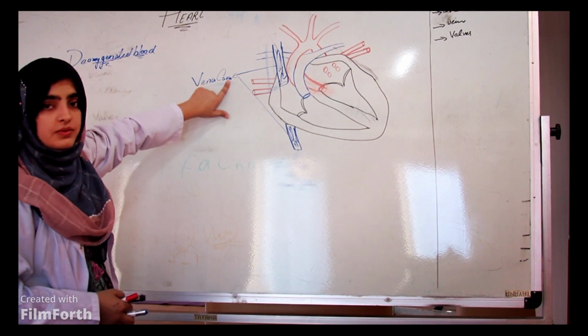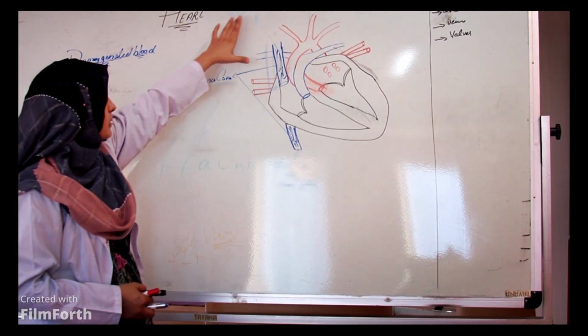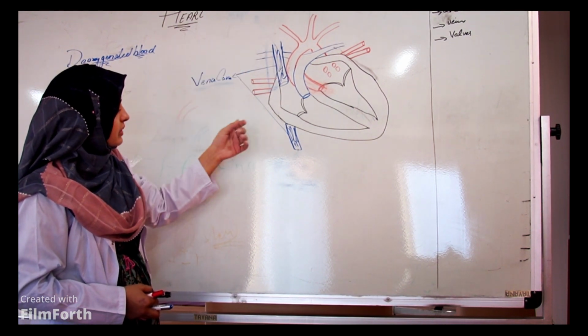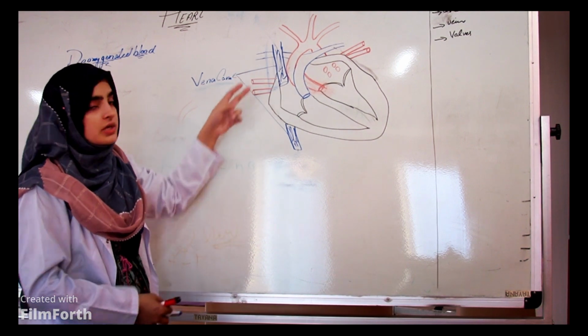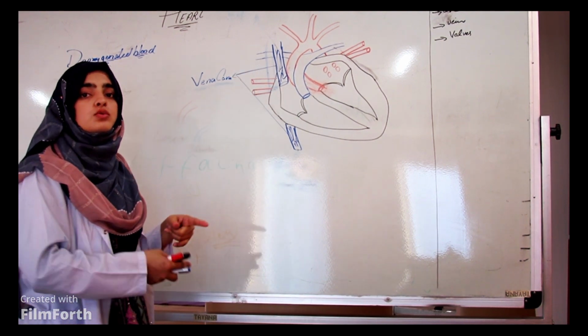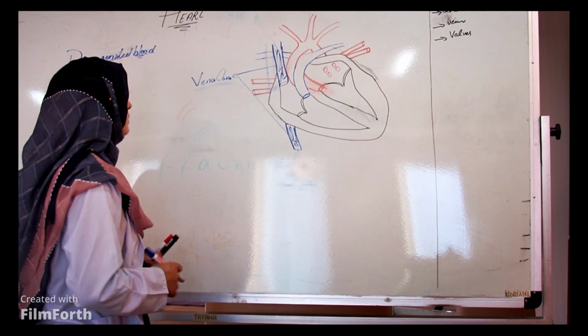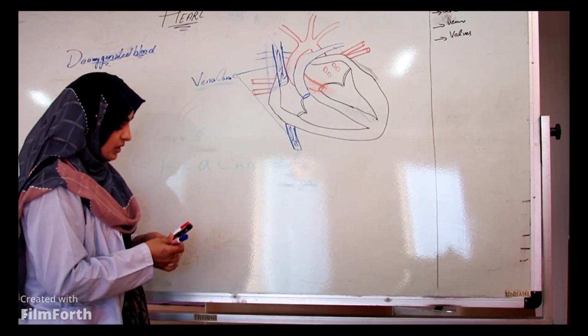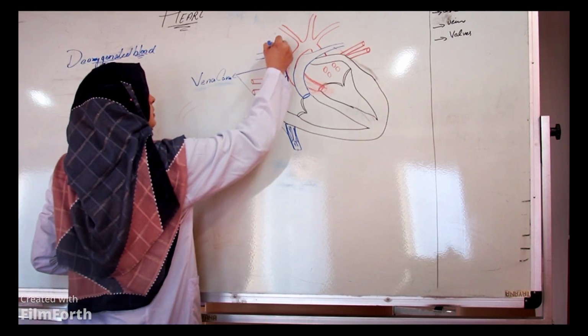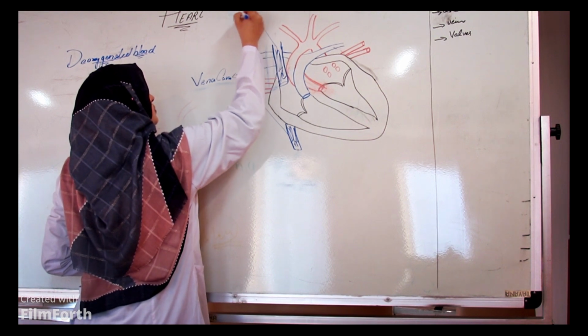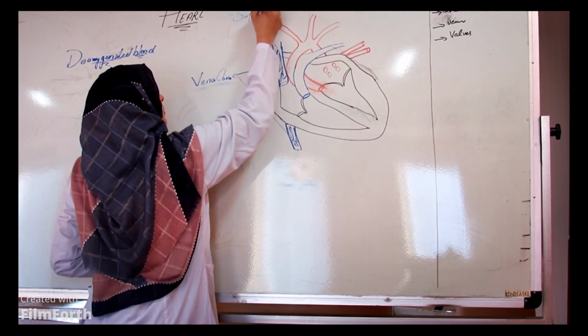Vena cava is divided into two parts, the superior vena cava and the inferior vena cava, and both drain into the right atrium. About the superior vena cava, we will discuss where it comes from.